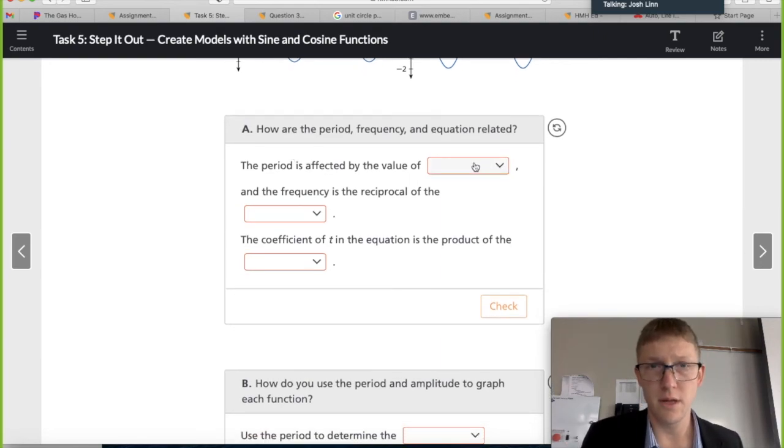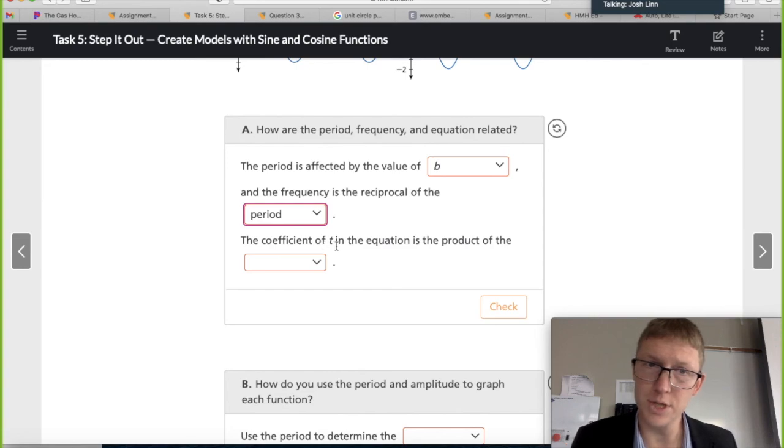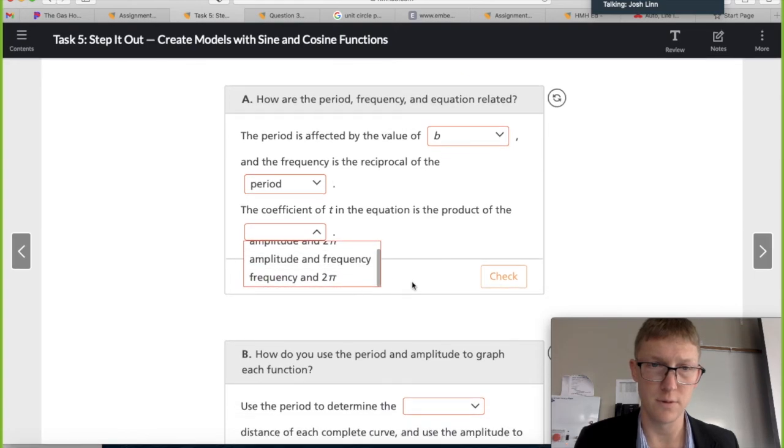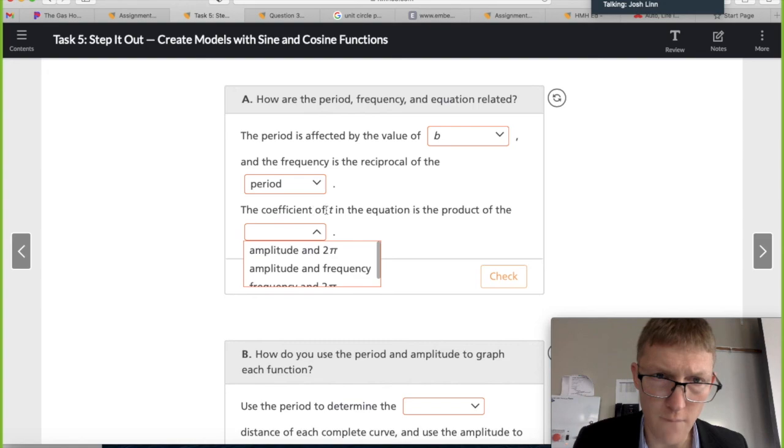The period is affected by the value of b. The frequency is a reciprocal of the period. The coefficient of t in the equation is the product of the what?